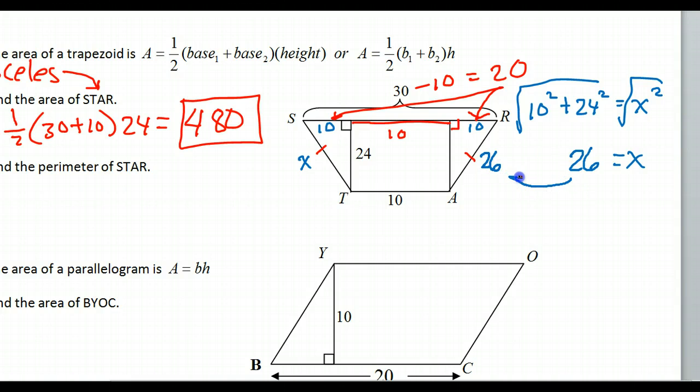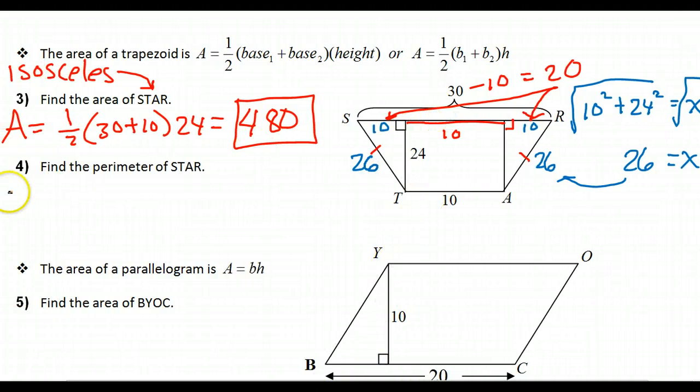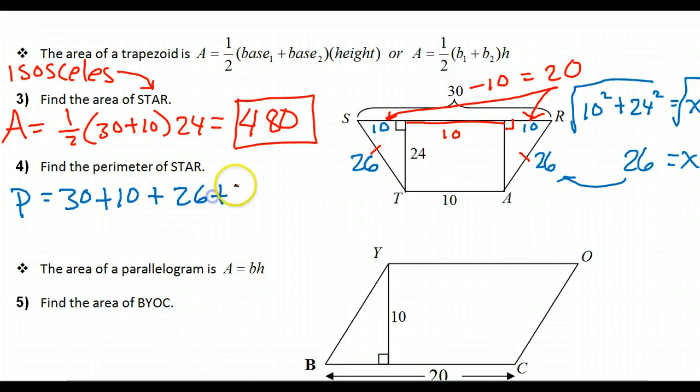So this is 26 and this is 26. So now I'm all set to do the perimeter. My perimeter is going to be 30 plus 10, the two bases, plus 26 plus 26, the two legs. Add that all up and that's going to be my perimeter. So that is 92.